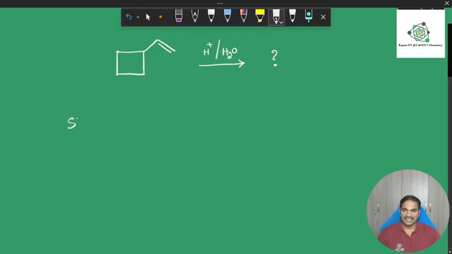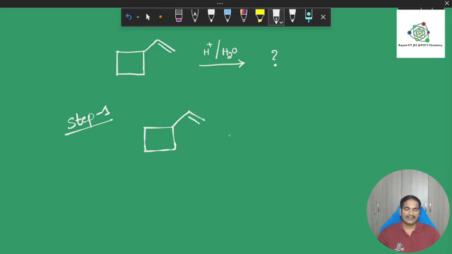First, step 1, Markovnikov rule. In the given reactant, what is meant by Markovnikov rule? Stable carbocation formation takes place.